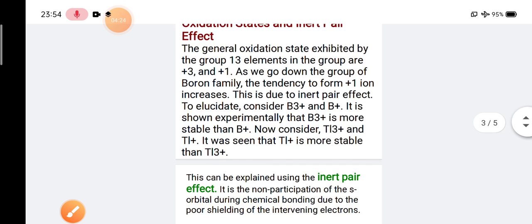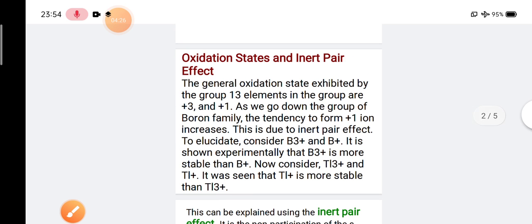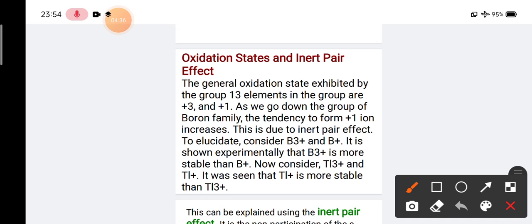The inert pair effect is not only applicable to group number 13, it is also applicable to group number 14 and 15. In the last class itself, I explained to you the shielding effect. The shielding effect of d and f orbitals is very low. As the shielding effect of d and f orbitals is very low, they cannot shield properly.